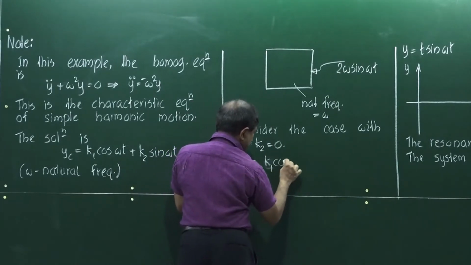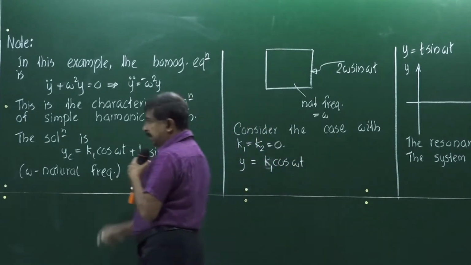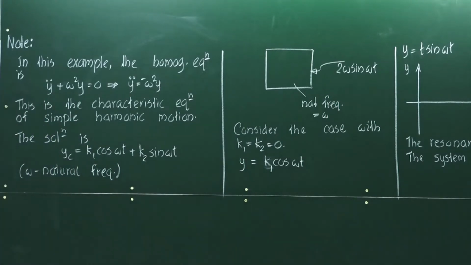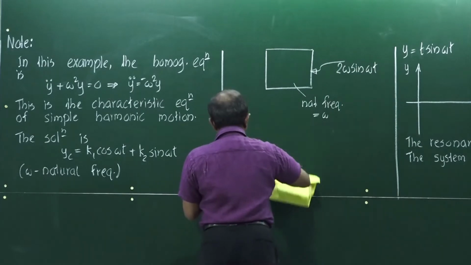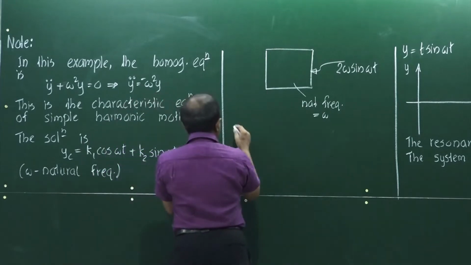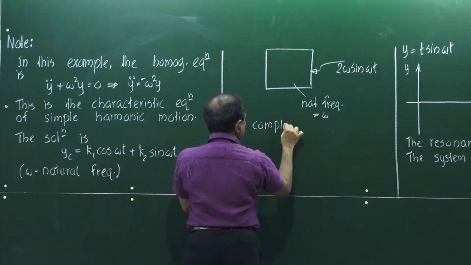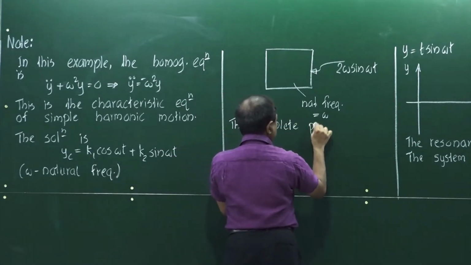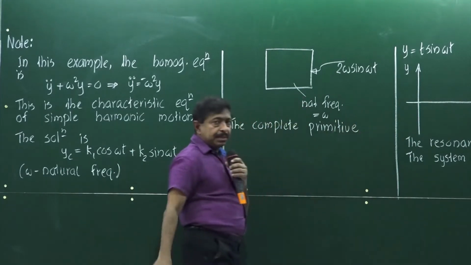Y is k1 cos omega t. I should have erased that line. Hold on. I can interchange these two. Complete primitive is more mathematical.